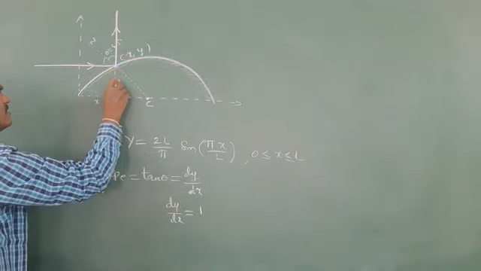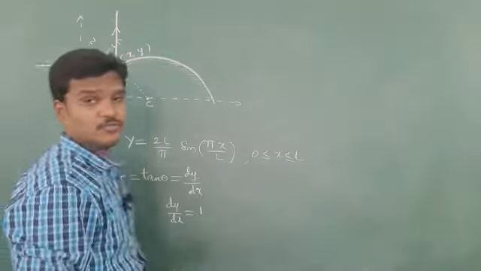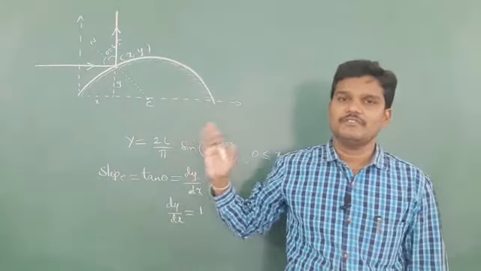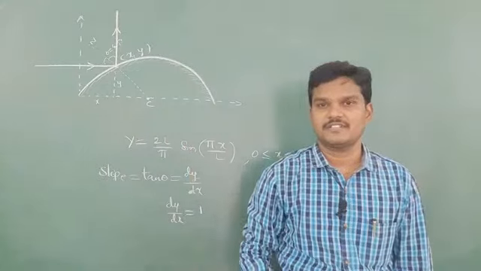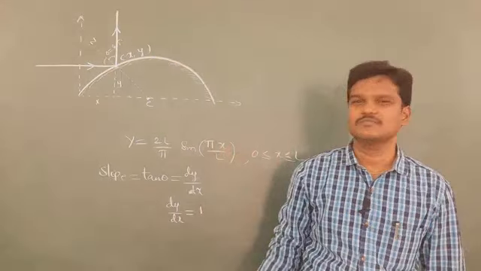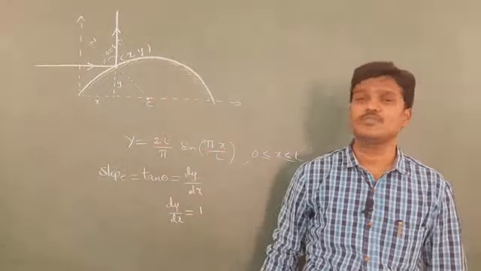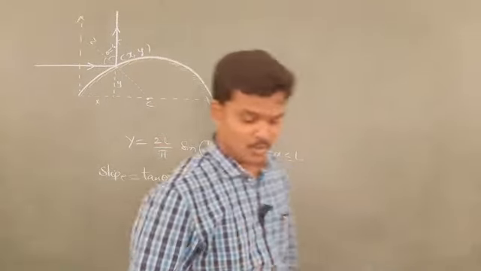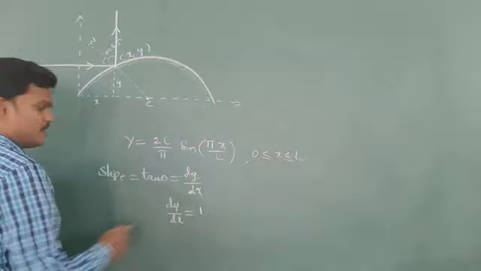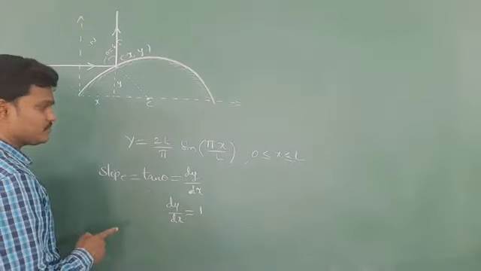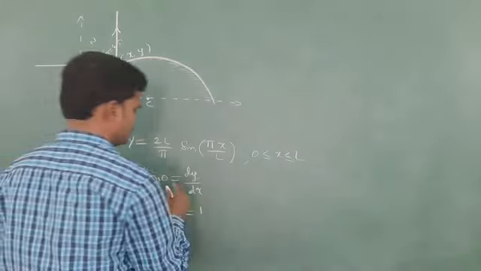They are asking for the position of the point where the light ray strikes. This is based on simple geometry and a simple mathematical question. Anyhow, dy by dx is 1 and tan theta is 1.